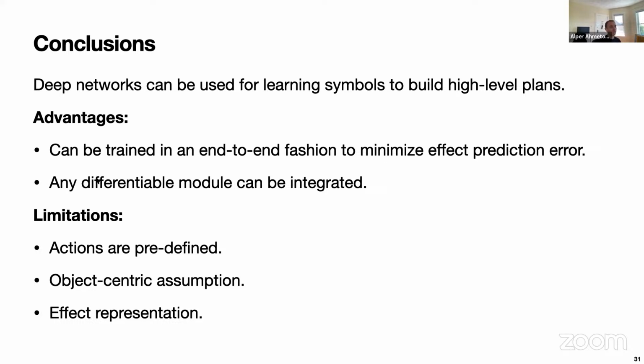So this might give some incomplete behaviors in some domains, for example, where you want to extract some information, or manipulate some sub-object feature. And the third thing is that we need to have a good effect representation. In our case, we use Cartesian displacement of objects as our learning signal, but assuming that the effect is a Cartesian displacement, you lose some granularity, you lose some of the things you can model.